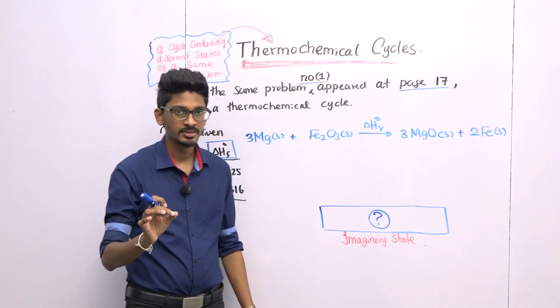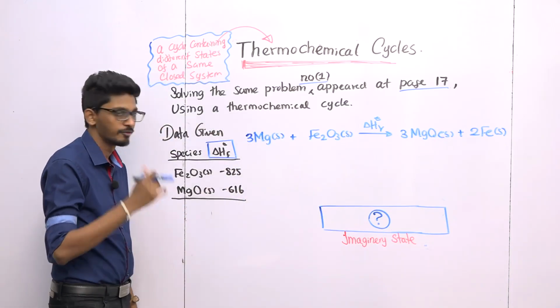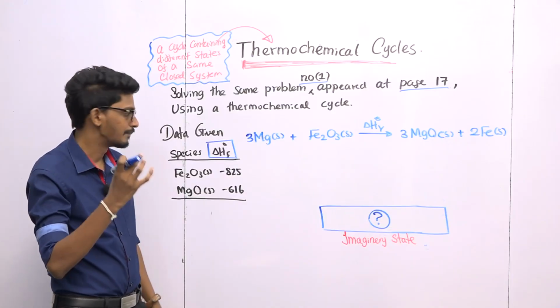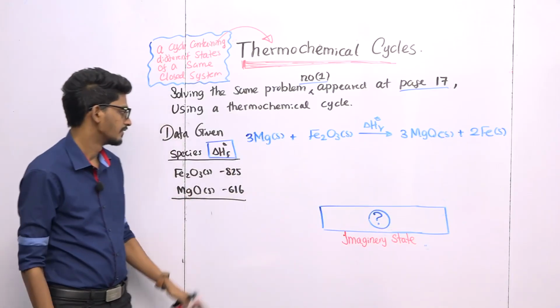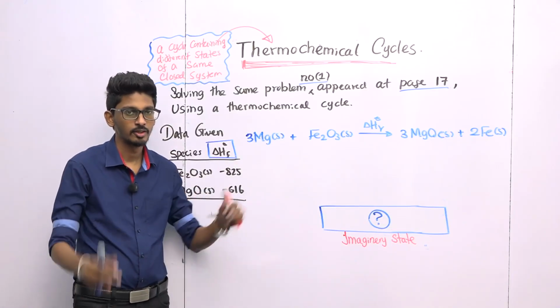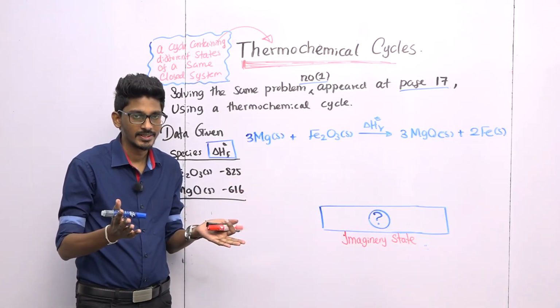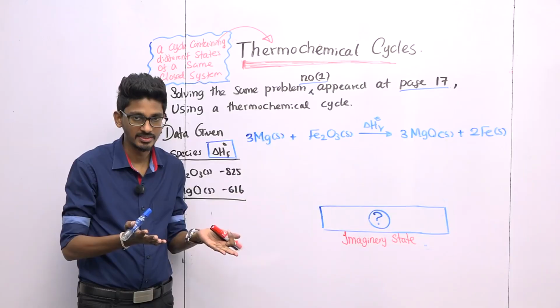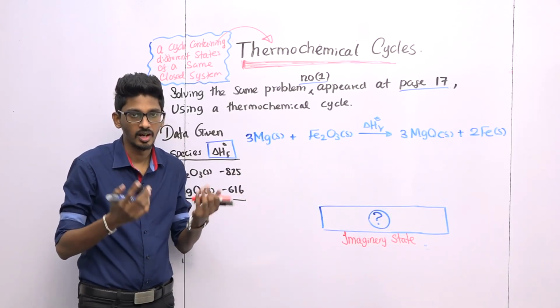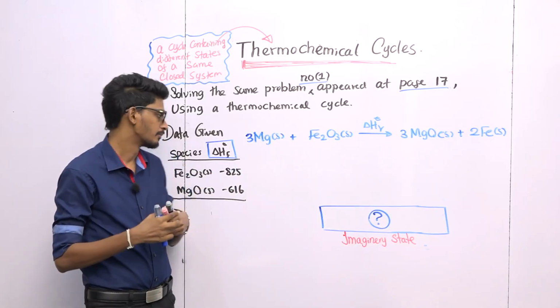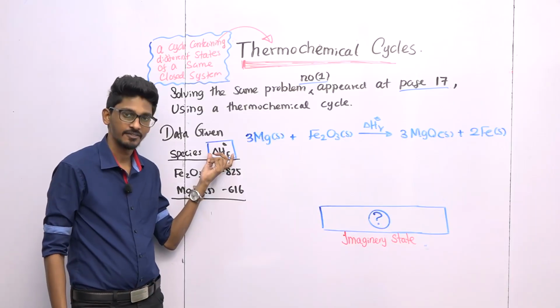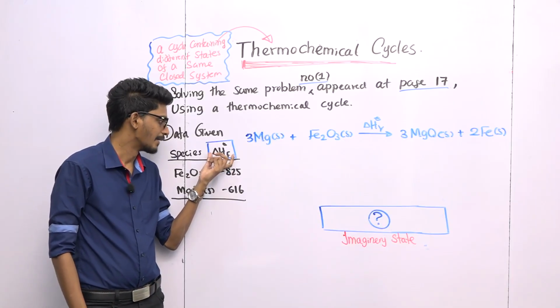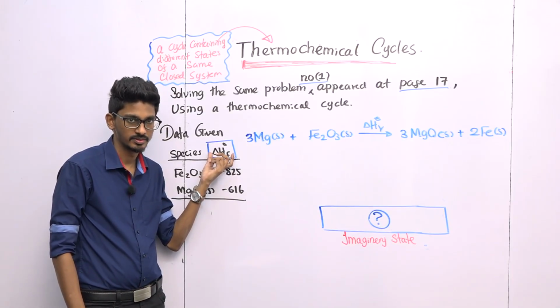And then think of what kind of species appear with the data given. With the formations, what kind of species appear? The 1 mole compounds, and the reference forms of the constituent elements. 1 mole compounds and the reference forms of the constituent elements appear with formation enthalpies.